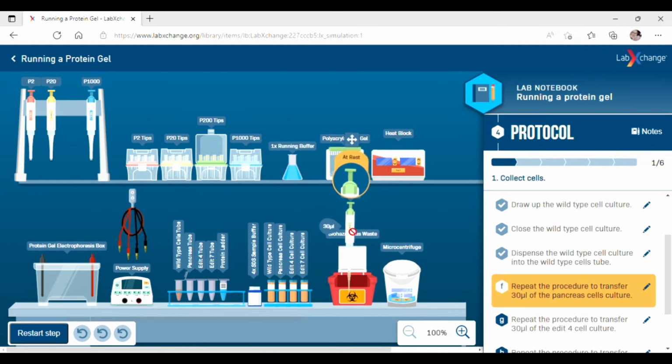Repeat the procedure to transfer 30 microliters of the pancreas cell culture.